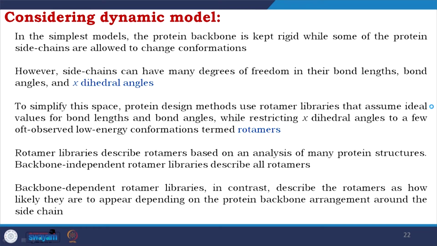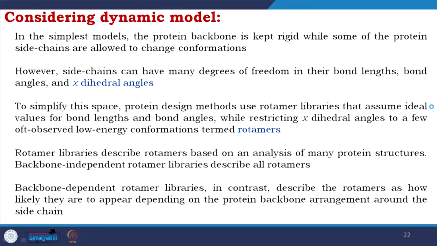However, side chains can have many degrees of freedom in their bond lengths, bond angles, and the chi dihedral angles, the side chain dihedral angles, which we have talked about before. So, what is the problem? You have phi and psi, you work on phi and psi, you calculate, you get Ramachandran plot, but when you are allowing to consider the chi's, there are so many chi's that your calculation would be very, very complicated.